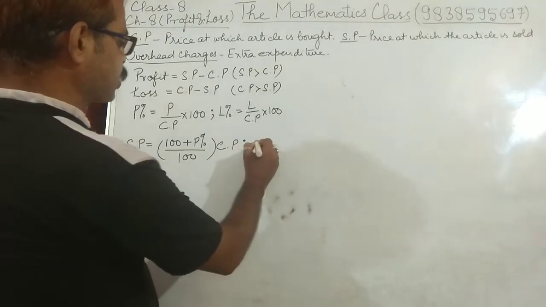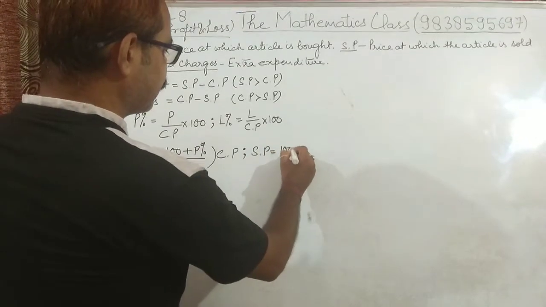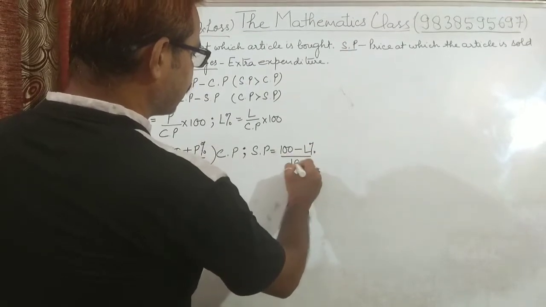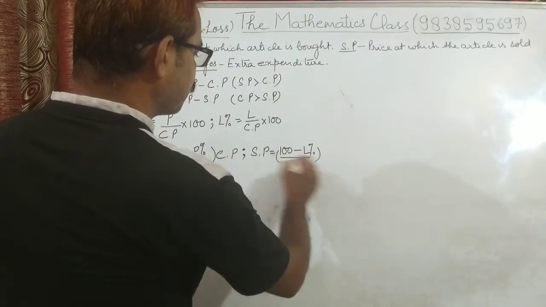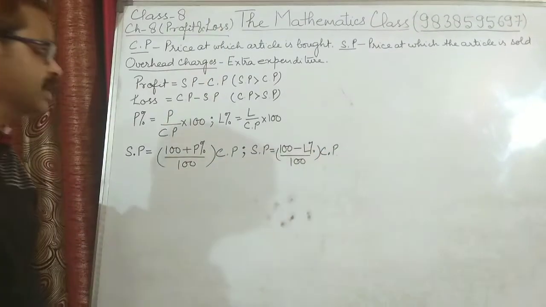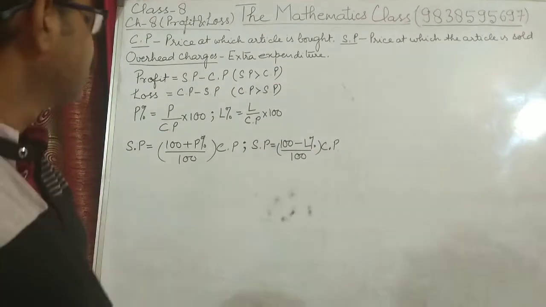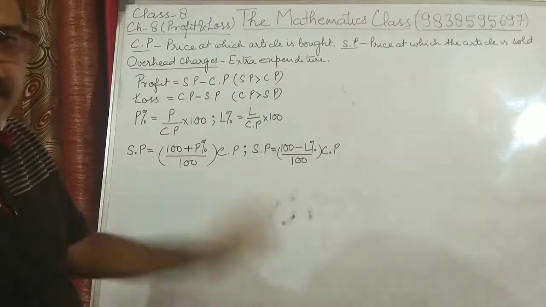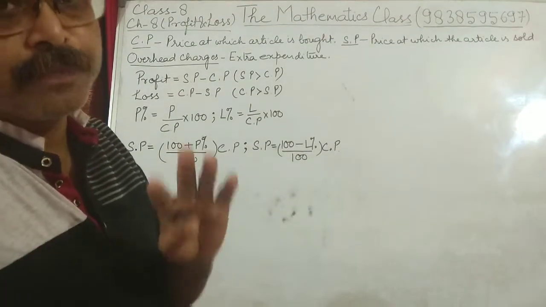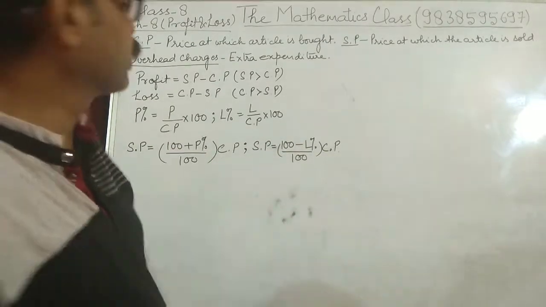Then if loss is given, selling price will be 100 minus loss percent upon 100 into cost price. These formulae you need to remember, memorize, learn, and there is nothing beyond these formulae in your whole chapter. If you know these formulae, you can easily solve any of the questions.